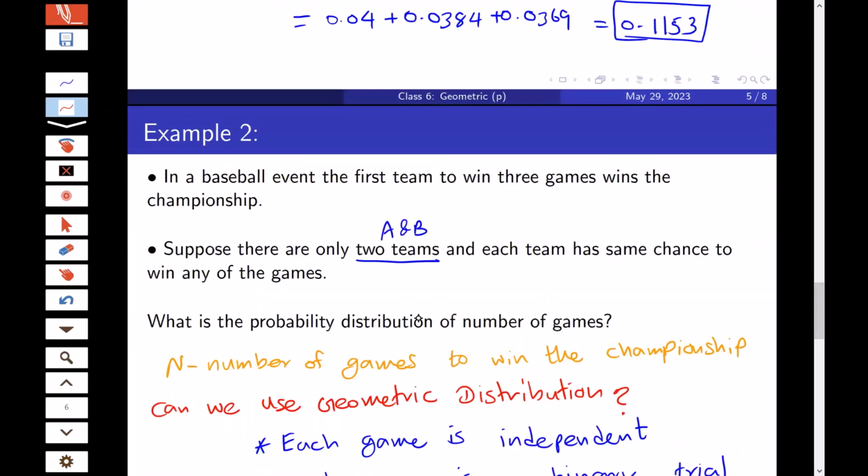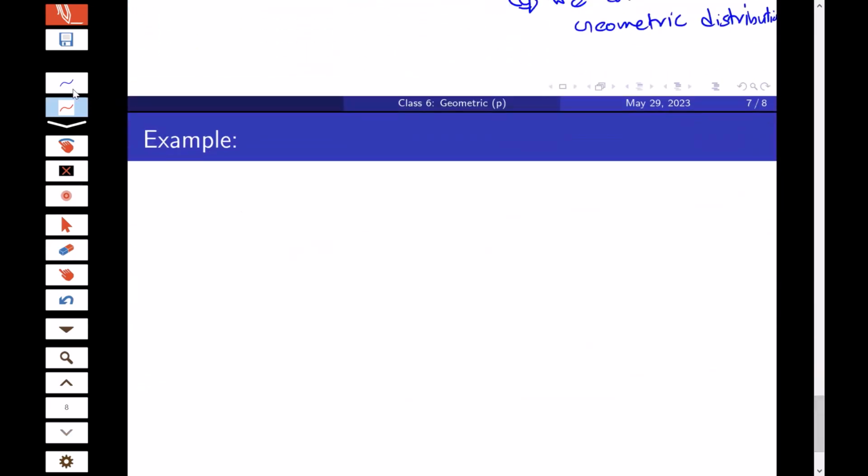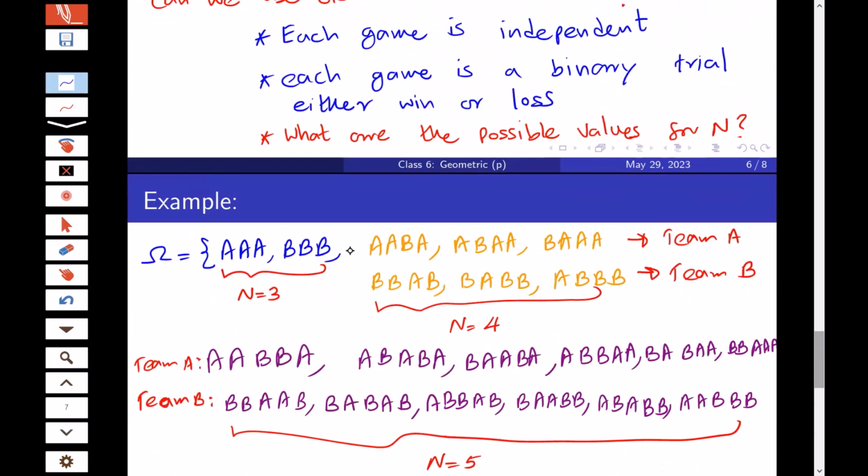Now let's find out the probability distribution of the number of games. So we have to find the probability of n equal 3. So n equal 3 will take only 2 cases.